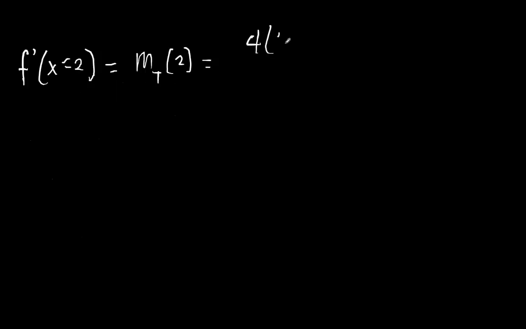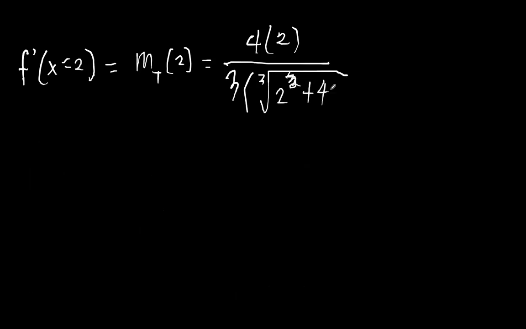Part of step 1 is to solve for the slope at x equal to 2, or m of the tangent line at 2. Let's use the given: 4 times 2 over 3 times the cube root of 2 squared plus 4.